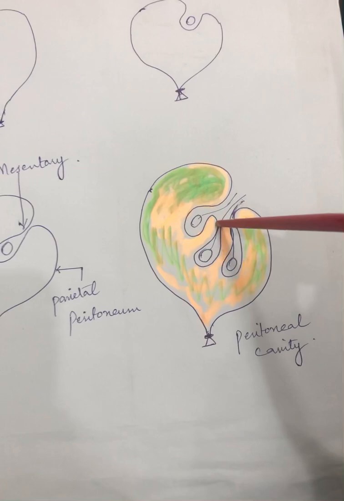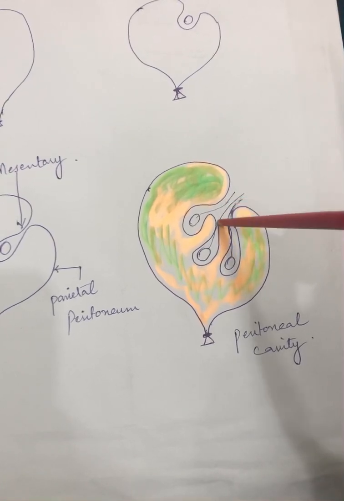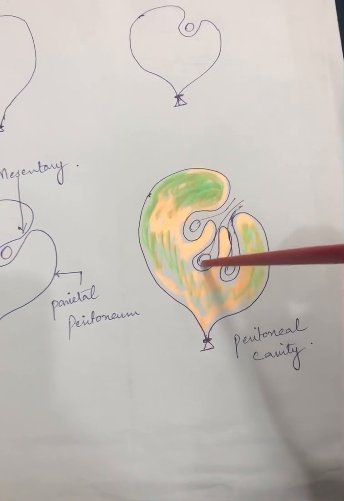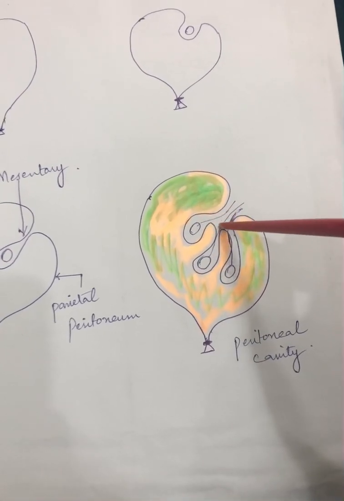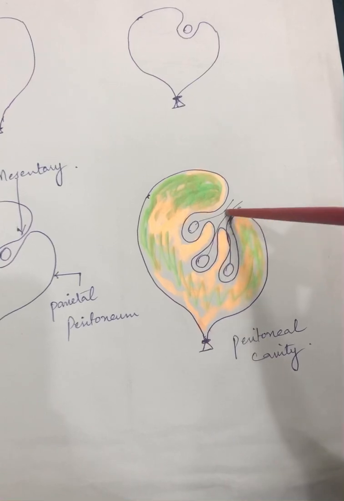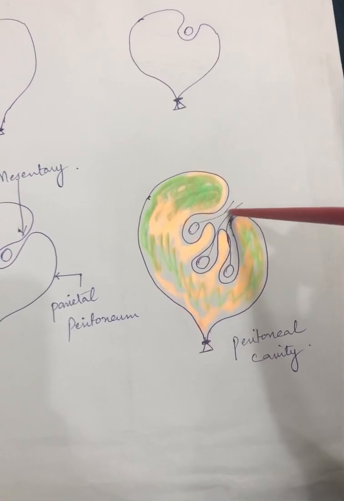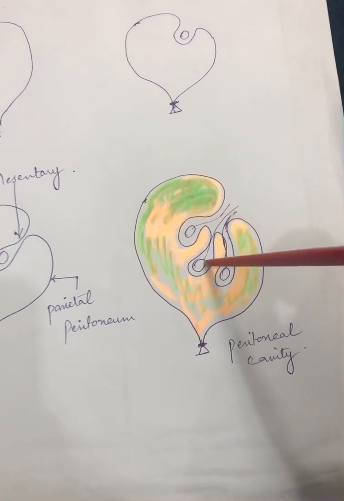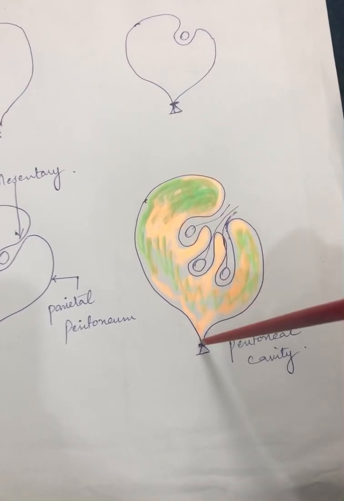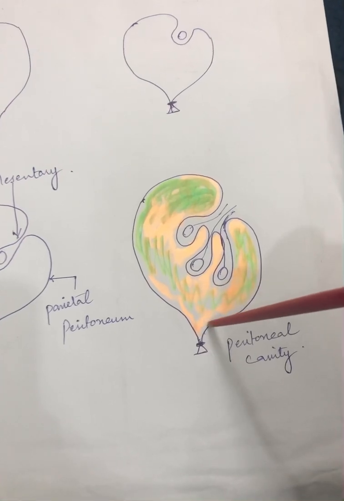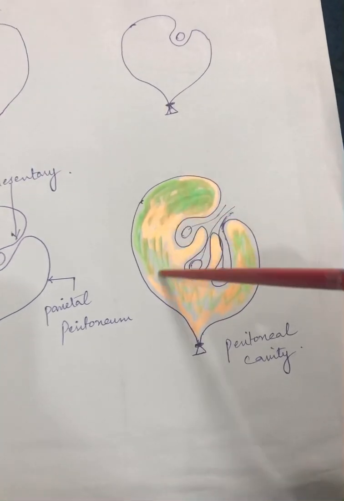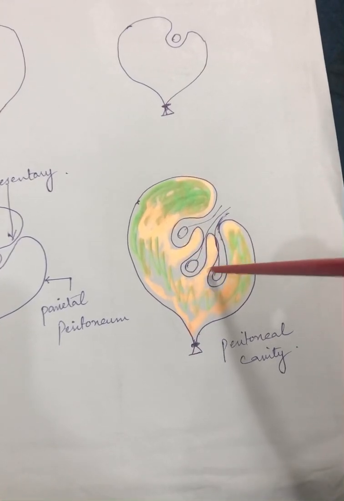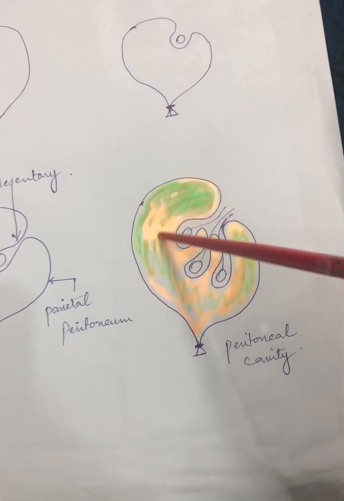This mesentery contains blood vessels, which could be arteries and veins, and it contains fat, lymphatics and nerves. So basically this mesentery is holding these structures back from falling down into the pelvis. As you can notice here, these structures are viscera, but they are still out of the peritoneal cavity.